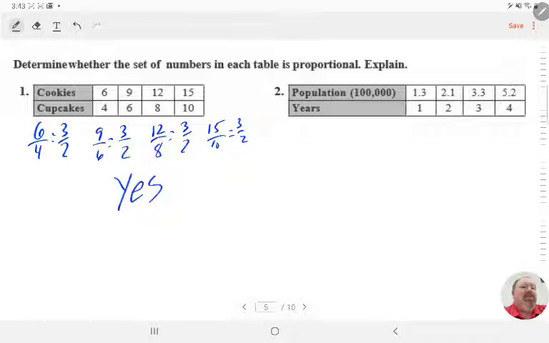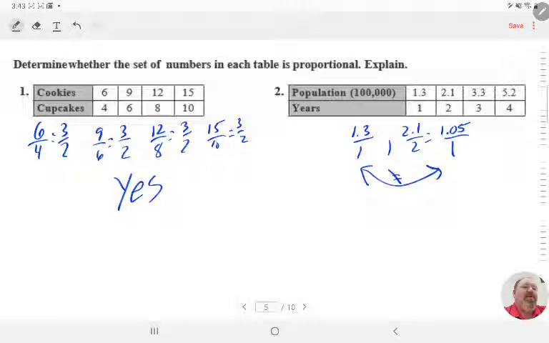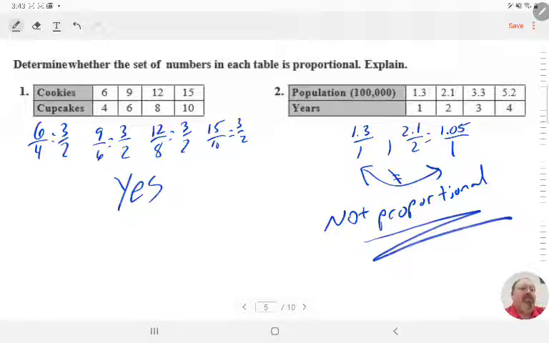Now, on this one, number 2, 1.3/1 is already simplified. 2.1 to 2 would be 1.05/1. Well, those are not the same. Therefore, this is not proportional. Okay?